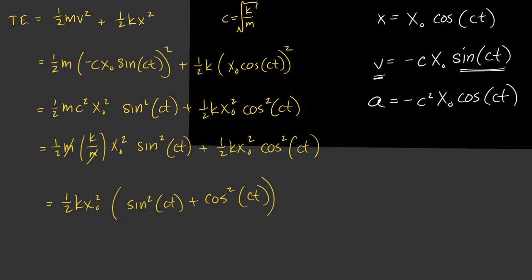Tell me what you know about sine squared and cosine squared when you add them together. Is that evidence enough that the total energy, regardless of what point in time we look at it, is always going to be equal to the energy that the system started with? Proved it. Our functions have to work this way. These systems conserve energy. This isn't an accident. It's a consequence.